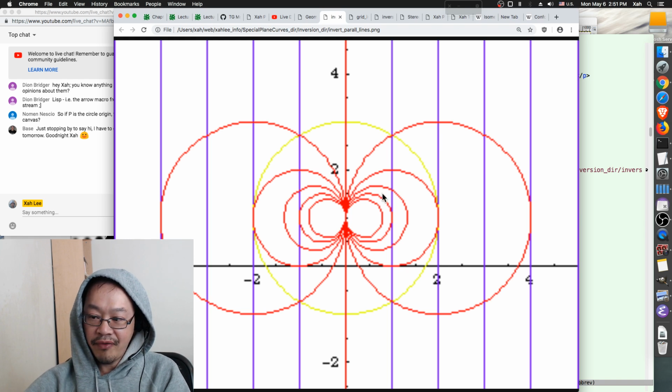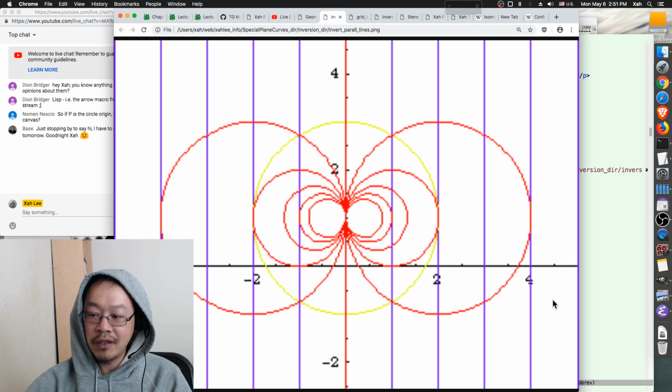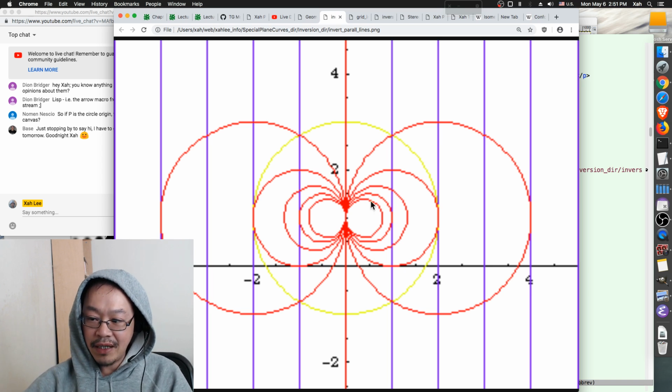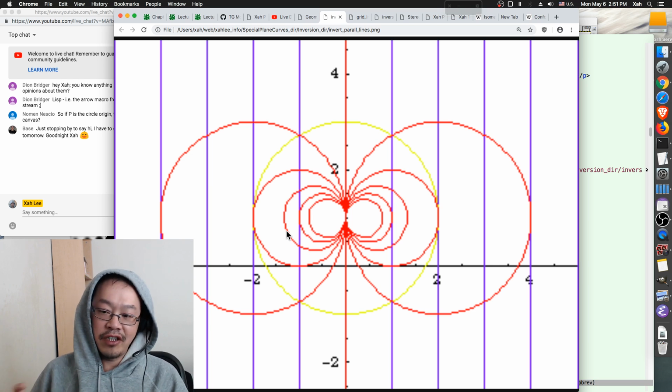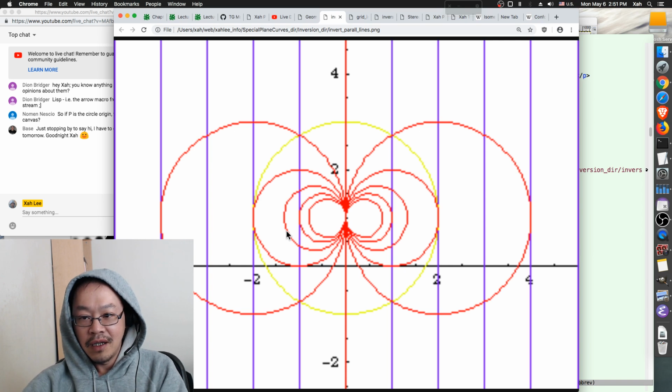If we start with these purple lines, after geometric inversion they become these red circles. On the other hand, if we begin with these red circles, after inversion they become these parallel lines. So in geometric inversion, circles and lines are preserved.